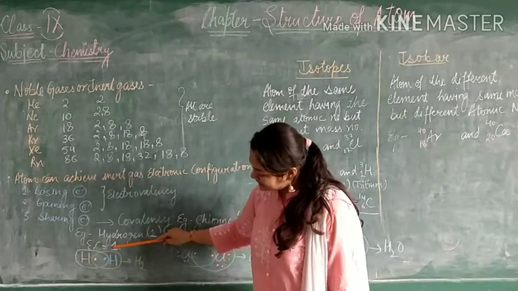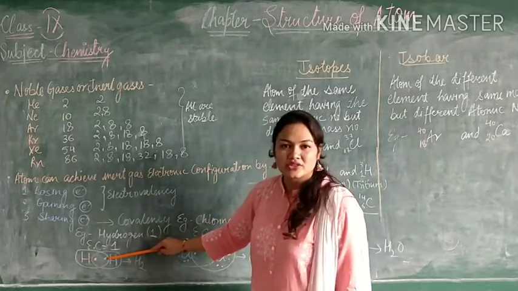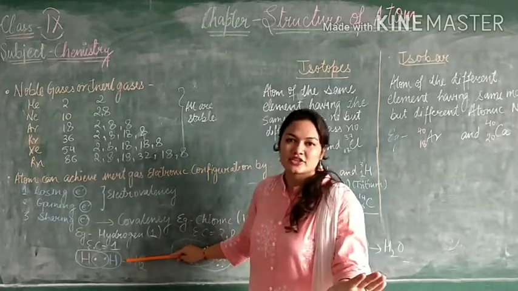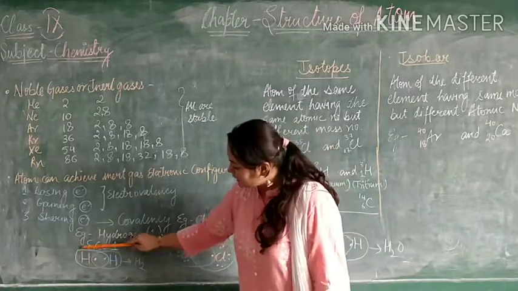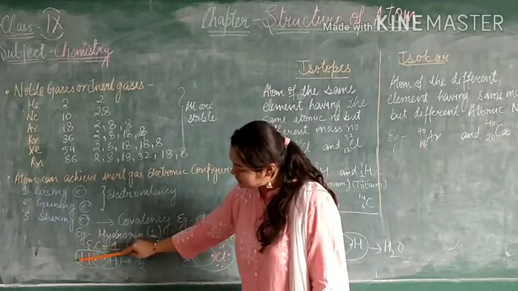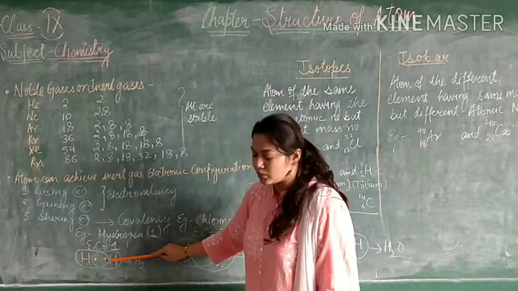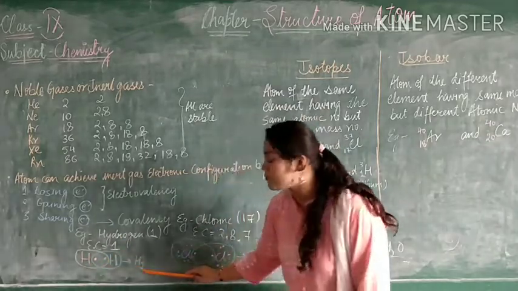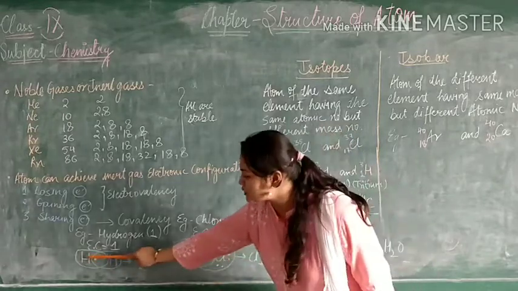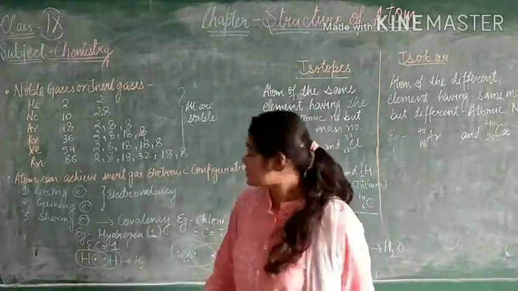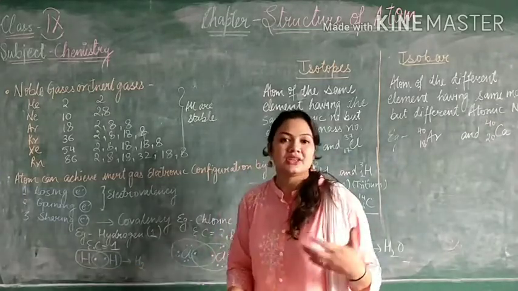If you see this circle, 2 electrons are coming, that means this blue H is stable because it is having 2 electrons. In the same way, this pink one will also have 2 electrons in this circle. That means it is stable. And this is how it makes a molecule called H2, because 2 H are there, so H and in suffix we write 2. This is how any molecule is made.